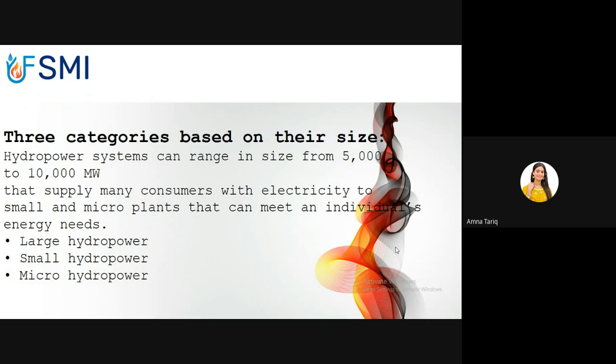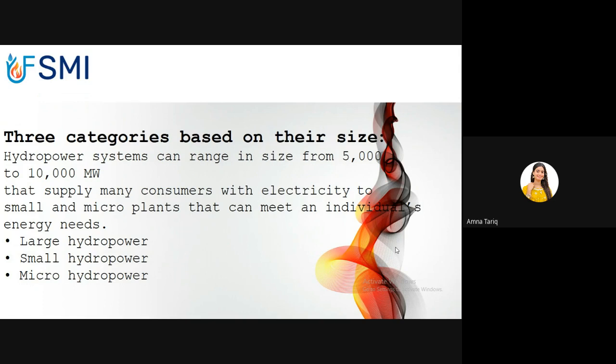Hydropower systems can range in size from 5,000 to 10,000 megawatts. They supply many consumers with electricity, down to small and micro plants that can meet an individual's energy needs. Depending on size there are three types: large hydropower, small hydropower, and micro hydropower. Large hydropower means a capacity of almost 30 megawatts.